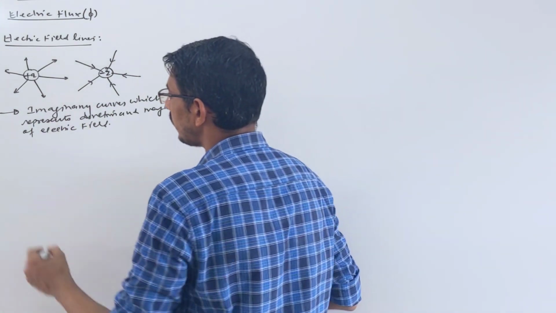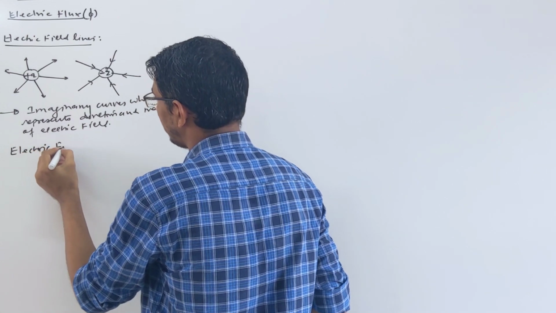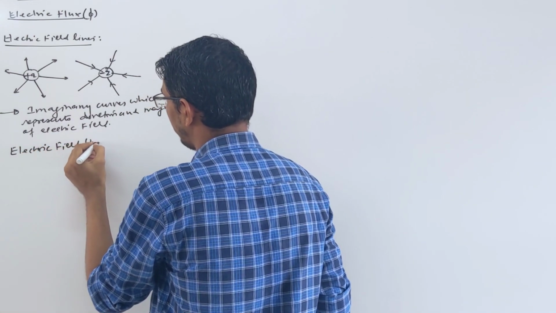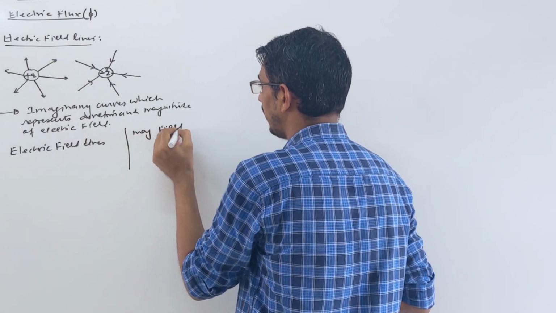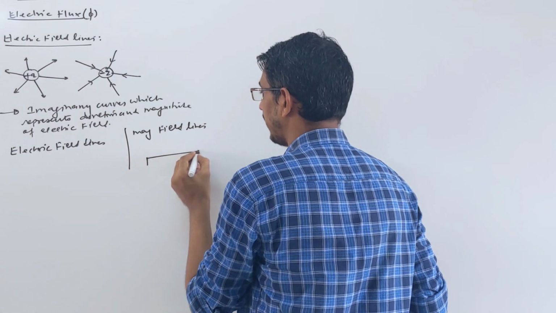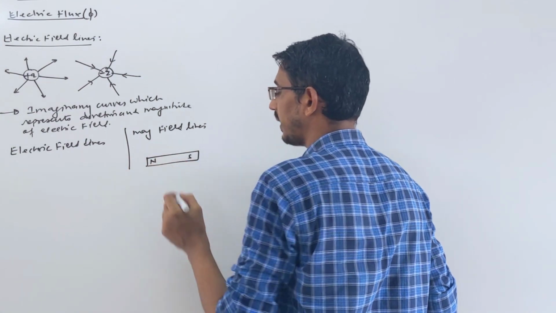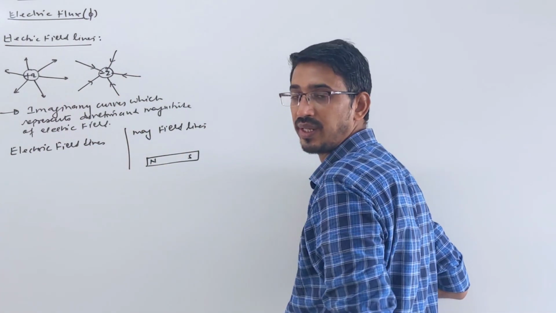If you compare electric field lines and magnetic field lines, what's the difference? Suppose you take a magnet, with a north pole and a south pole. The north pole is like a positive charge and the south pole is equivalent to a negative charge.